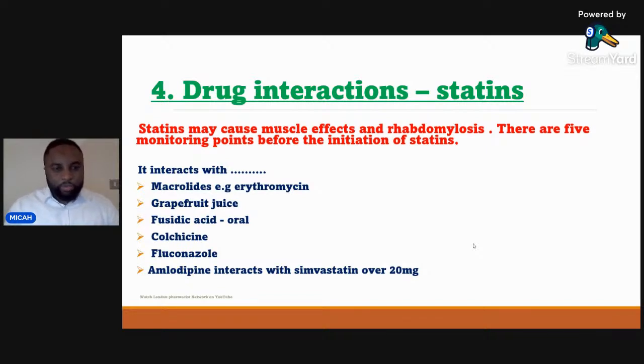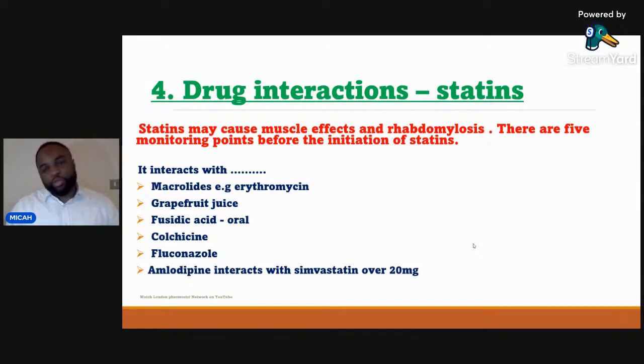So with macrolides, stop statins whilst the patient is on macrolides. If a patient was going to take a course of erythromycin for a week, for example, they need to stop statins whilst they're taking erythromycin and then go back to statins 24 hours after the last dose of erythromycin.